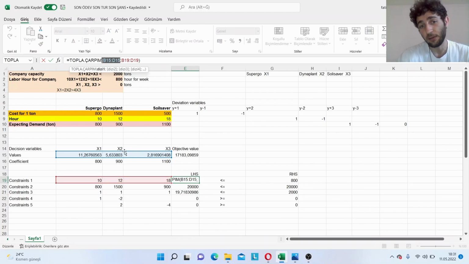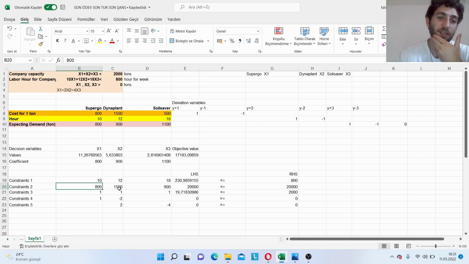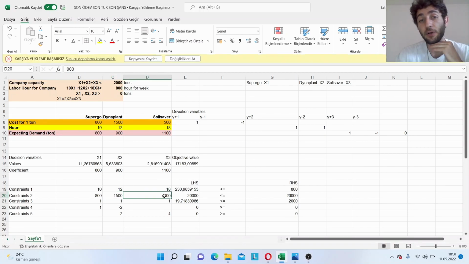It's related to labor hours must be less than 800, and the other function is related to cost. For X1 we need $800, for X2 we need $1,500, and for X3 we need $900.